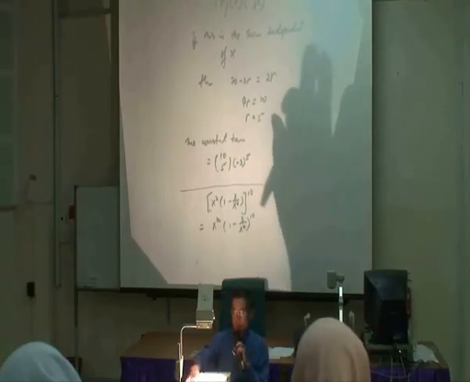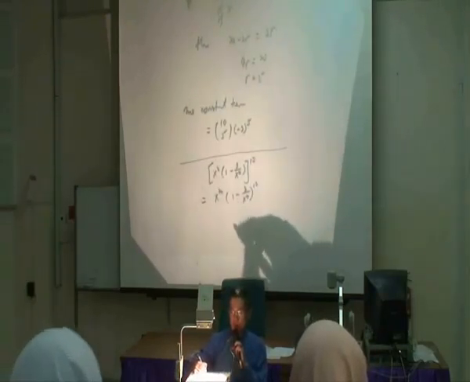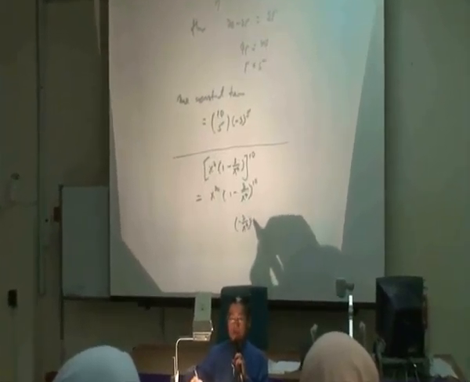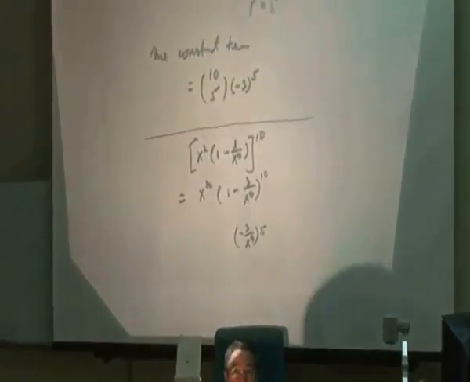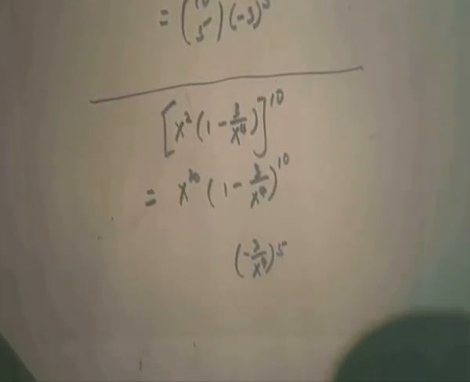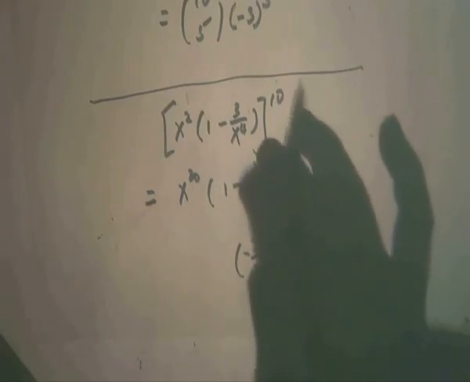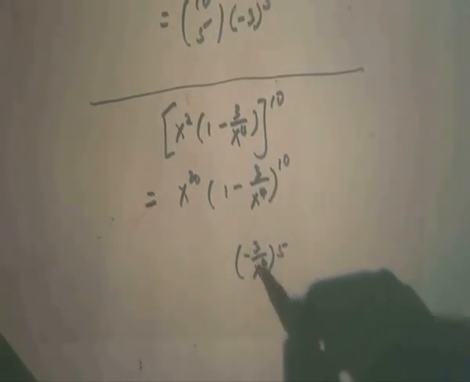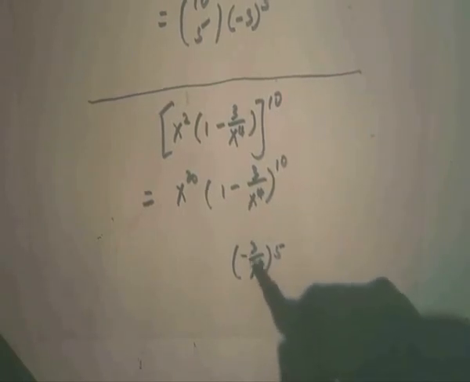So it is the term that is negative 3 over x to the power 4 to power 5. Correct? To power 5, so 4 times 5 will give you 20. That is the term which contains 3 over x to the power 20.